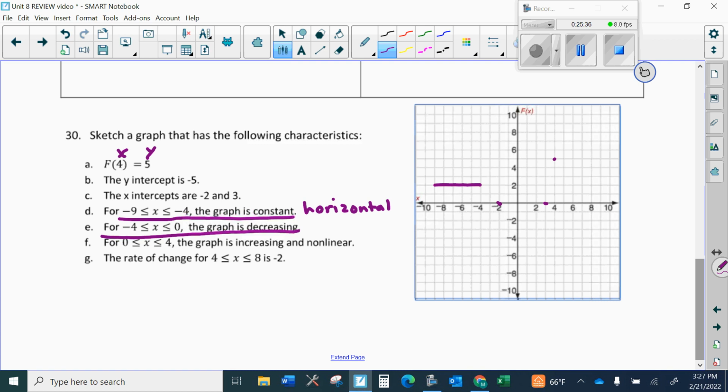So then from there, it can go down through that. Okay, there's decreasing. From 0 to 4, the graph is increasing and nonlinear. That means a curve. From x equals 0 to 4, it's increasing and it's nonlinear.